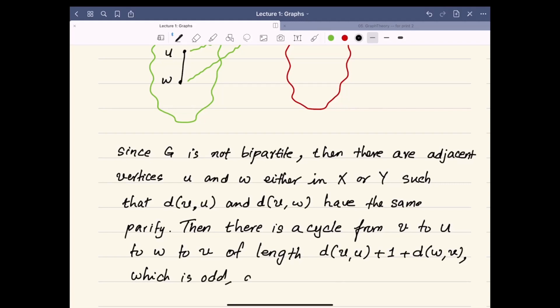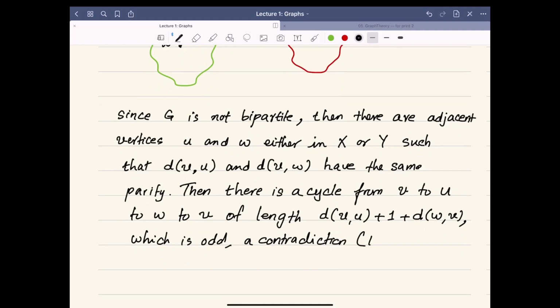And this is a contradiction. Why a contradiction? It is a contradiction, and I will write between brackets that G has no odd cycle. And how come it is odd?